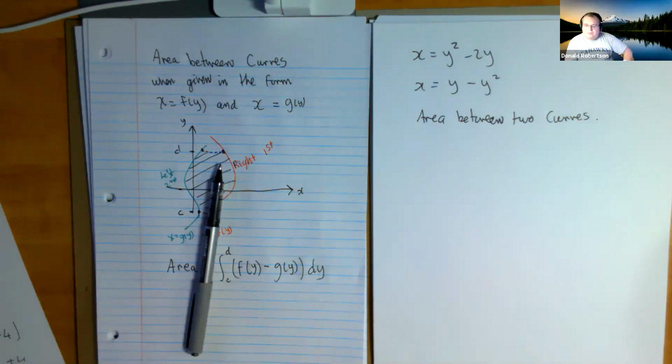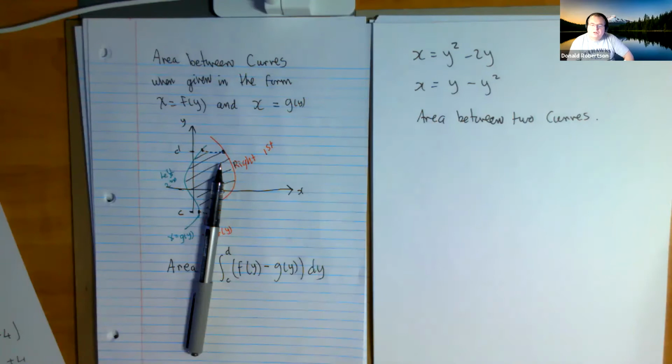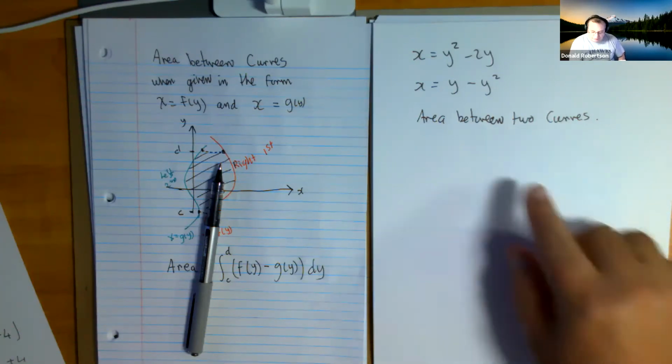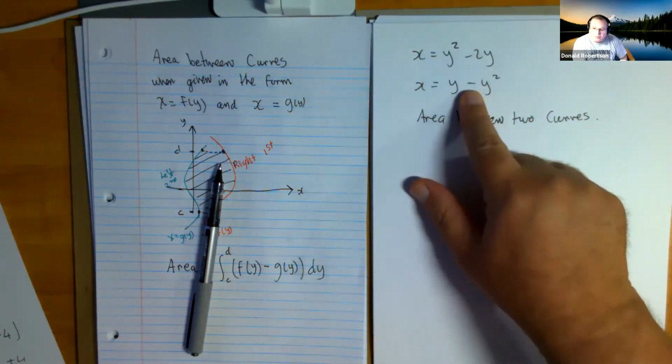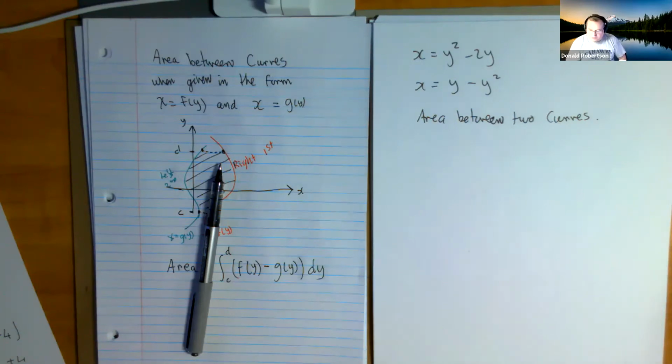Right, so this here is going to disappear in a few seconds. I don't have a sketch, so I don't know kind of what it looks like, and I don't even know where they intersect. So I'm going to show you how you can put this into a piece of software, and then we can proceed.